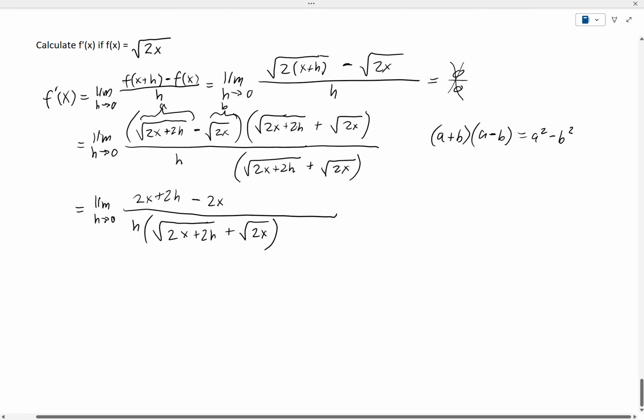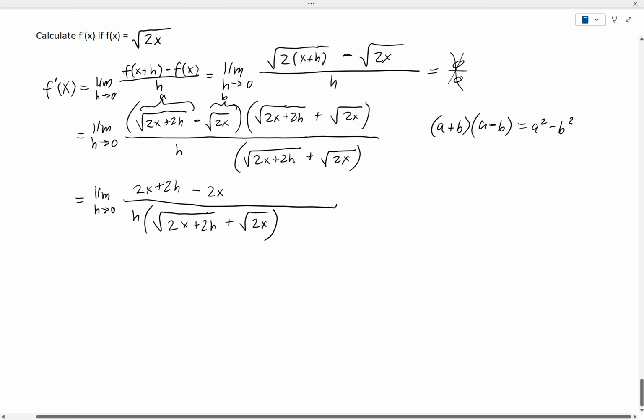Well, in the numerator right here, you can see that we've got 2 terms here that cancel, negative 2x and 2x. We're left with just 2h. And, oh look, there's an h in the numerator and an h factor in the denominator. Well, let's cancel them. And now we're just left with this, and that's it.